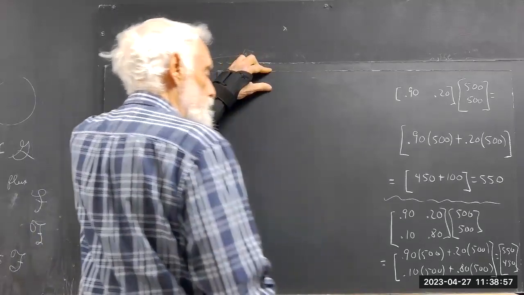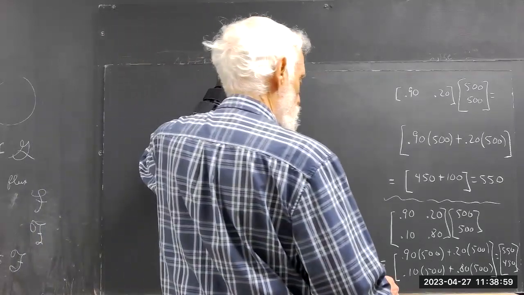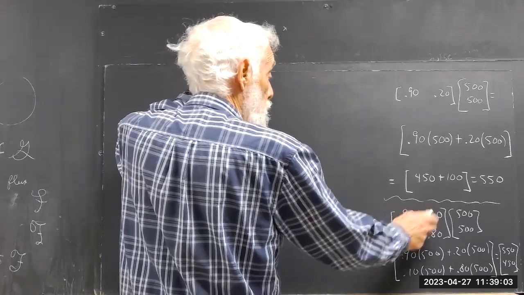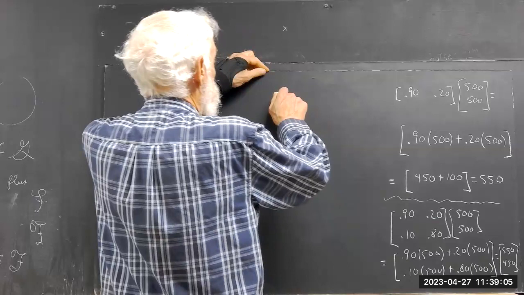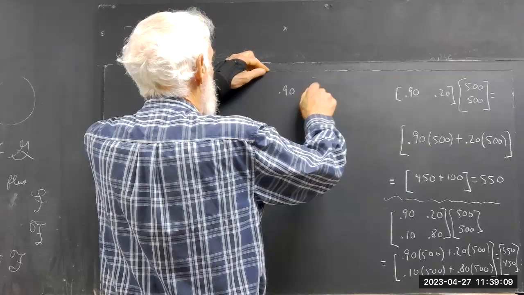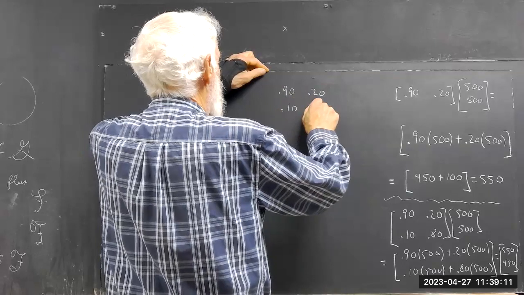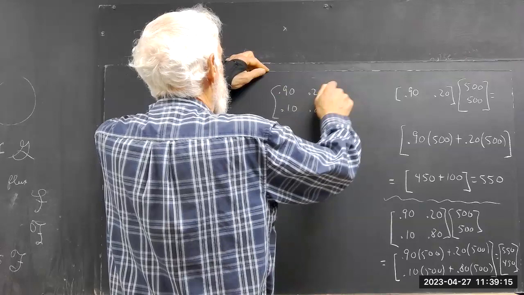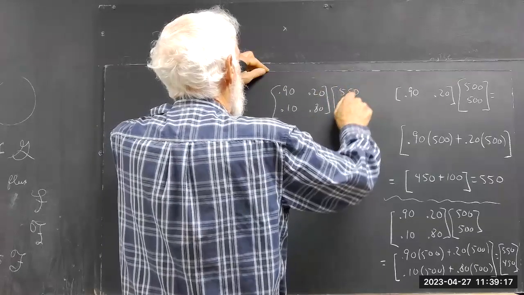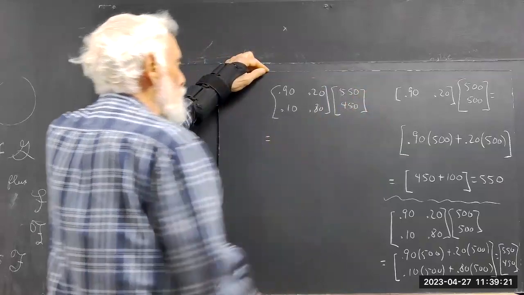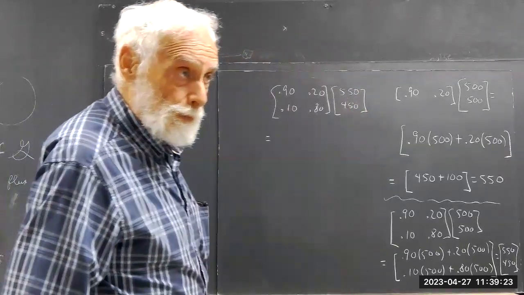Now, we take the same matrix times the 554, 450.